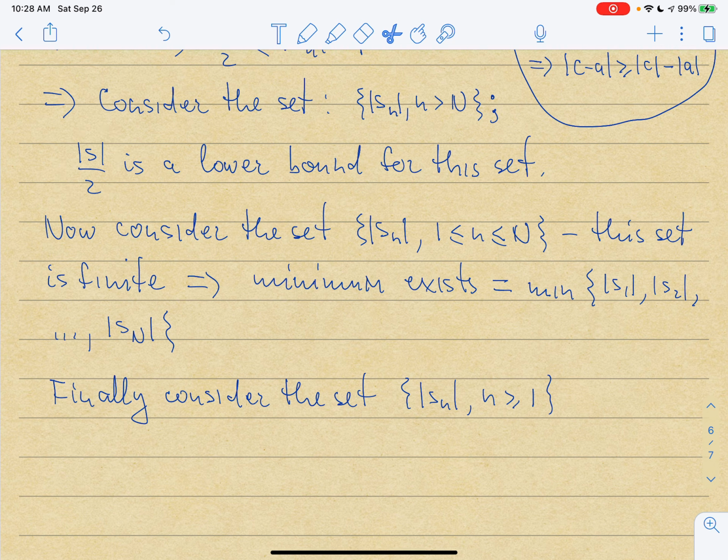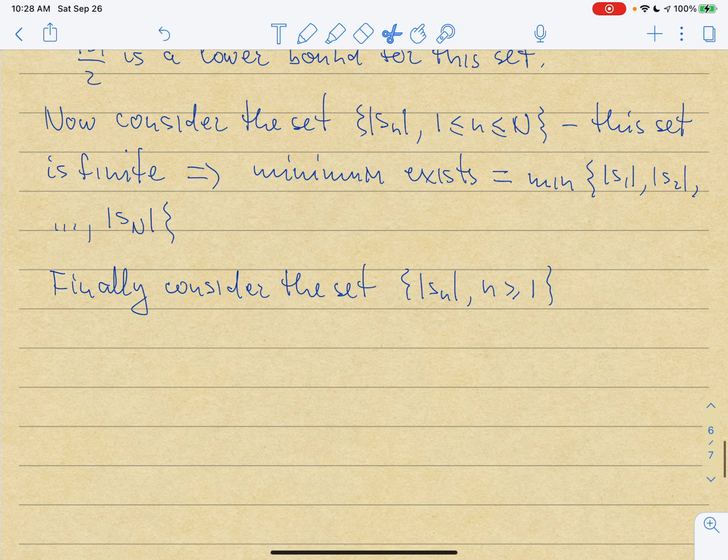Before capital N, including capital N, the minimum of the numbers from absolute value of S1 to absolute value of SN is a lower bound on this part of the set.